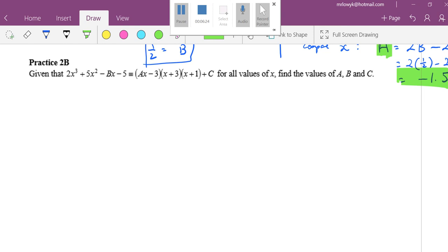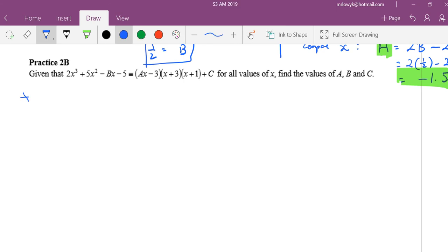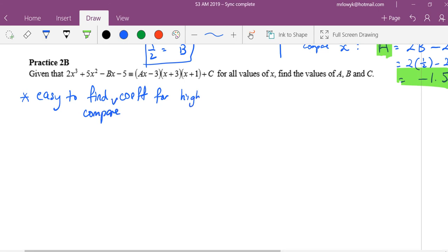Okay, so can you write that down? It's easy to find compare coefficient for highest and lowest power.